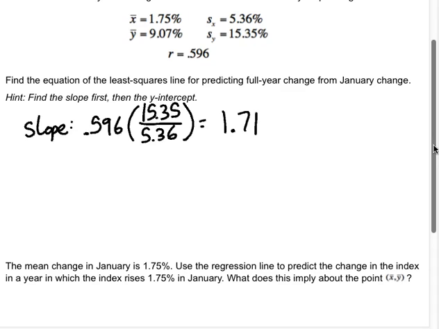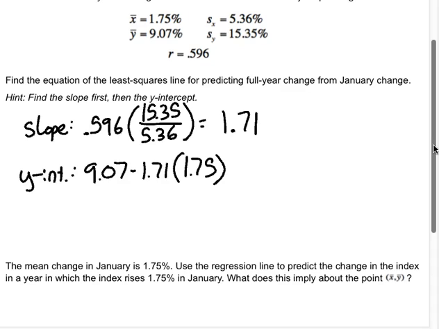All right. Now, from that, you can go and find the y-intercept. Okay, so the y-intercept, its formula says, take the average or the mean of y minus b, which is your slope, so minus that slope you just calculated, times the average of x. All right, so really, it's just plugging into a formula.